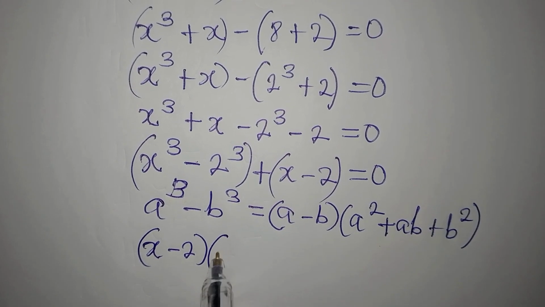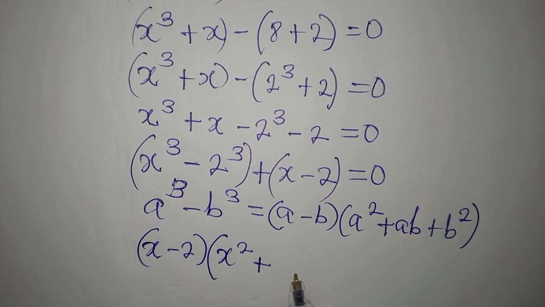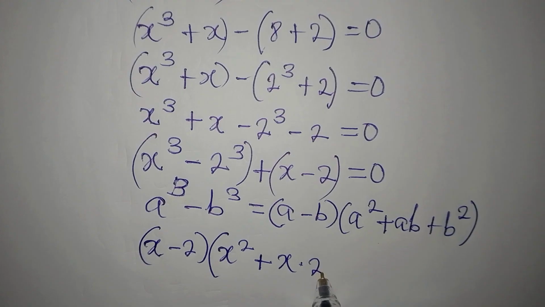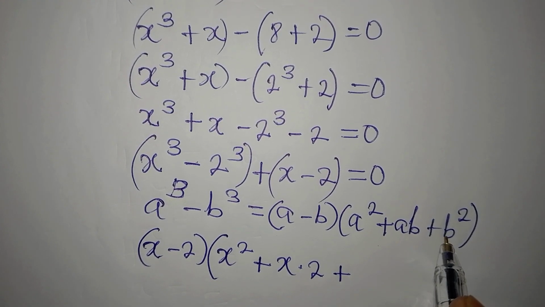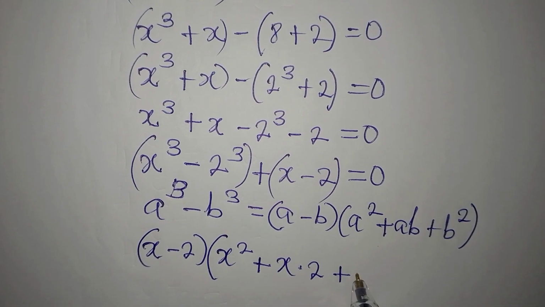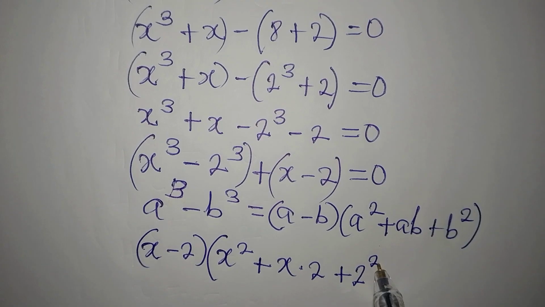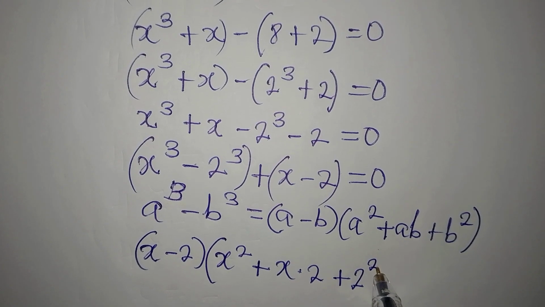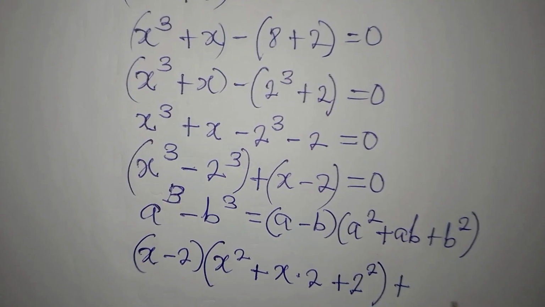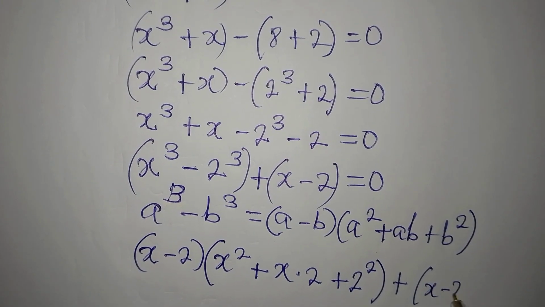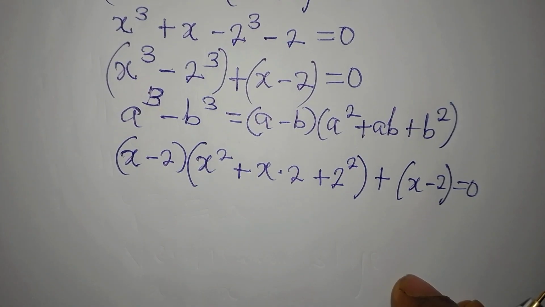A squared is the same as x squared, plus ab, the same thing as x multiplied by 2, plus b squared, right? B squared here is the same as 2 squared. So we write 2 squared. Then plus x minus 2, as we equate everything to 0.